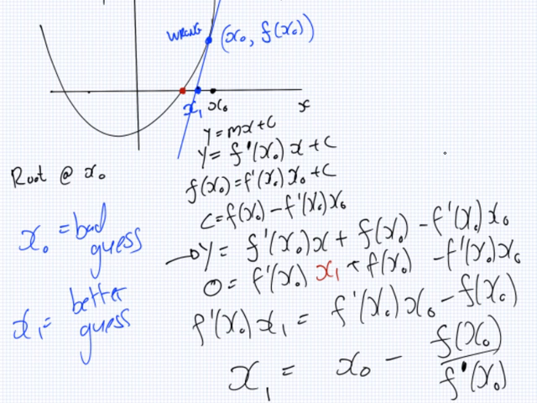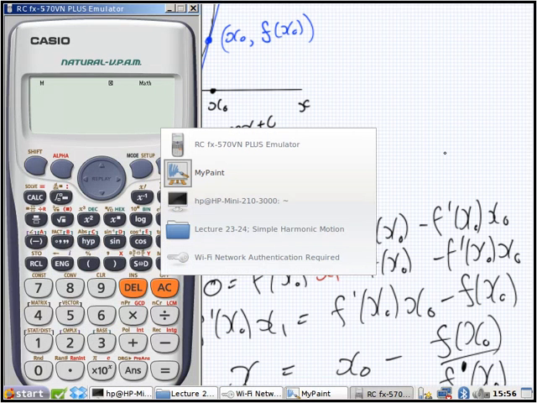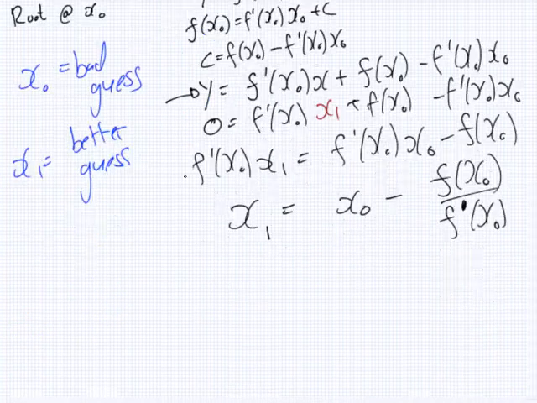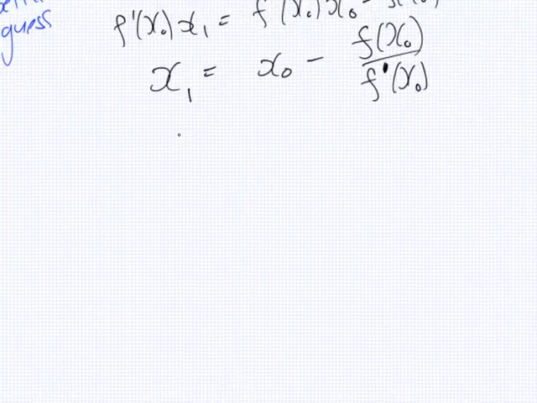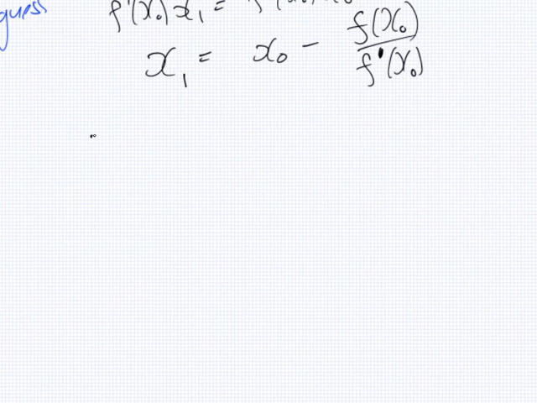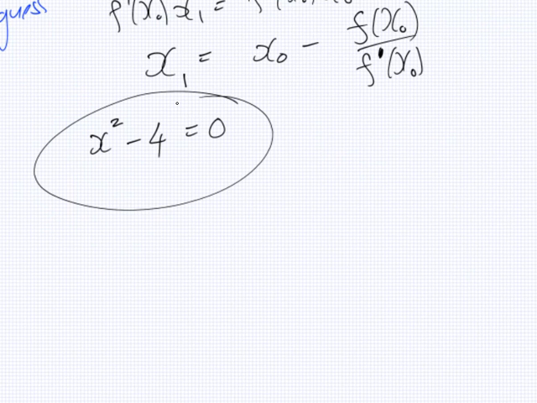Continue? Right. Now, let's have a look at this. Let's try an example here. Let's say I have this, x squared minus 4, and I want to know what's the root of this. Well, we know what the answer is already. What is it? 2, or minus 2.